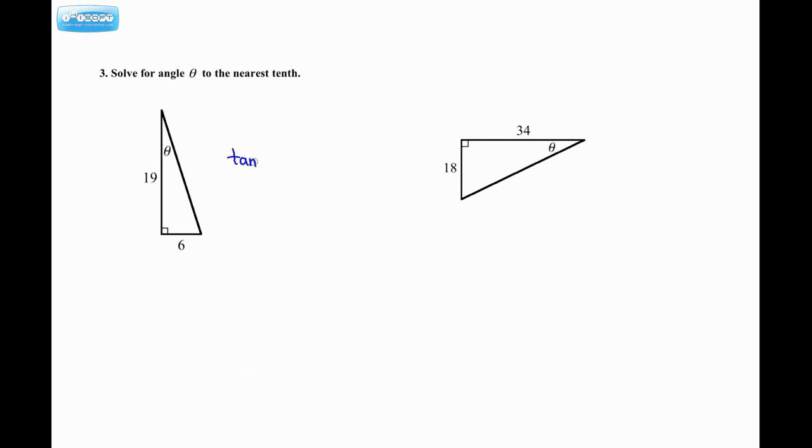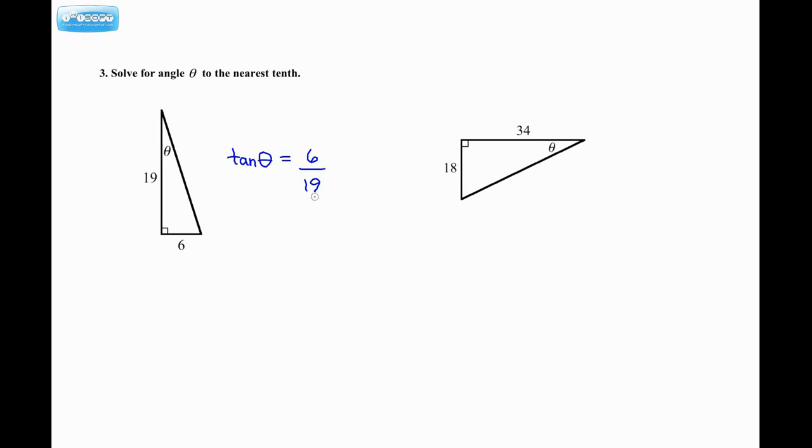So by definition, the tangent of whatever that angle is the ratio of 6 to 19. Okay? Yes, you can work this out as a decimal, but 6 divided by 19 is not a very nice decimal. Okay? And if you start rounding and then working with rounded numbers, your final answer for theta is going to be off.